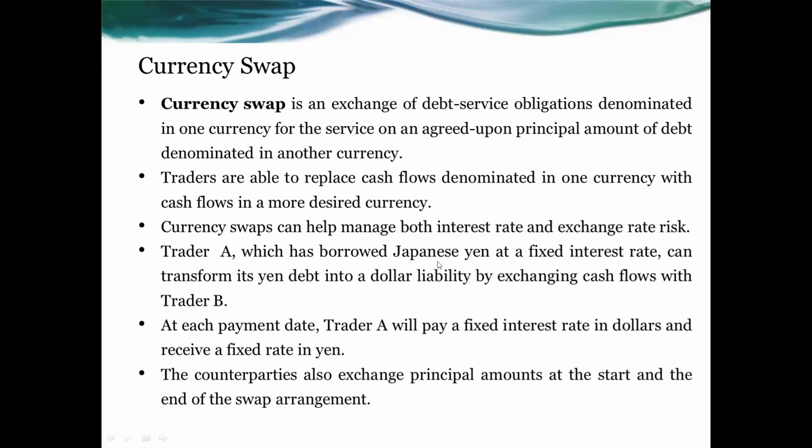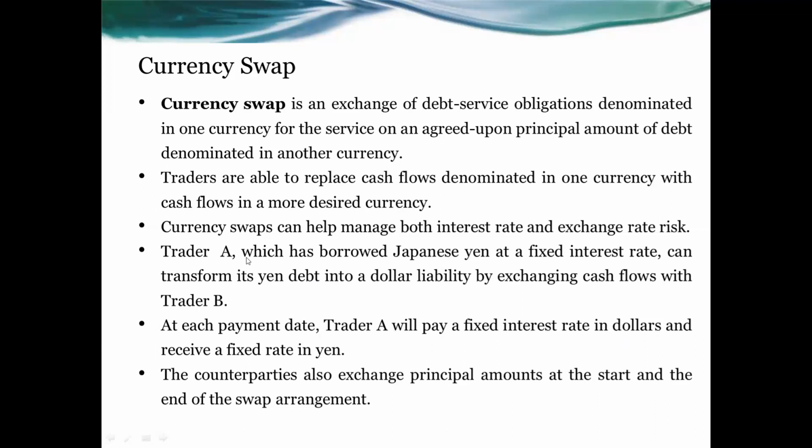Trader A, which has borrowed Japanese yen at a fixed interest rate, can transfer its yen debt to a dollar liability by exchanging cash flows with trader B. So on each payment day, trader A will pay a fixed interest rate in dollars and he receives a fixed rate in yen. Right. So what is happening here?